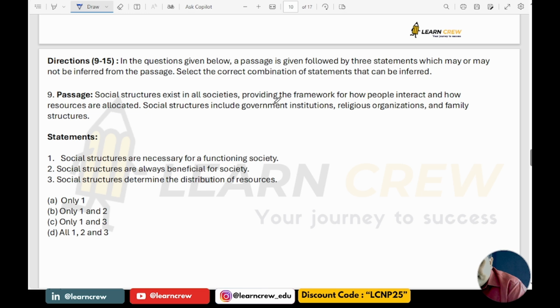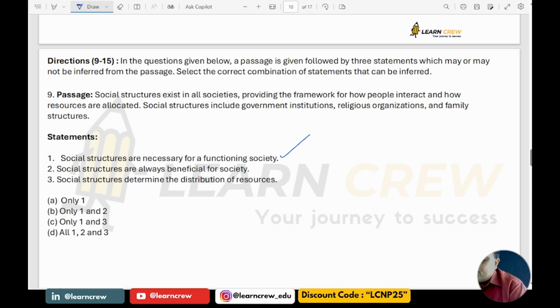Is it supported by the passage? Yes, it is supported by the passage as it states that social structures exist in all societies, providing the framework for how people interact and how resources are allocated. So statement 1 is supported by the passage, so it can be inferred.